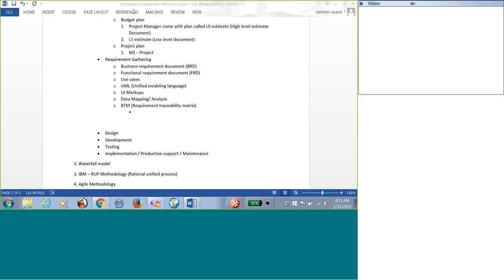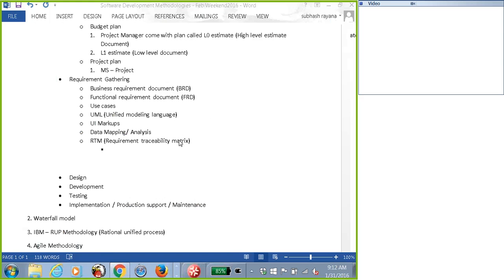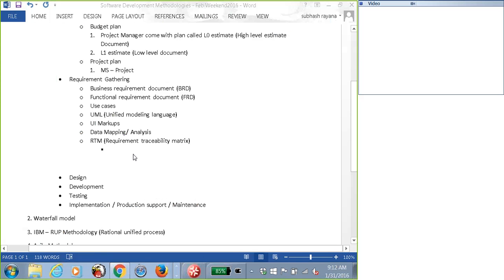So as a business analyst, you will be playing a very critical role in the requirements gathering phase. You are primarily responsible for interacting with the business users, and you will be responsible for documenting the requirements, right?